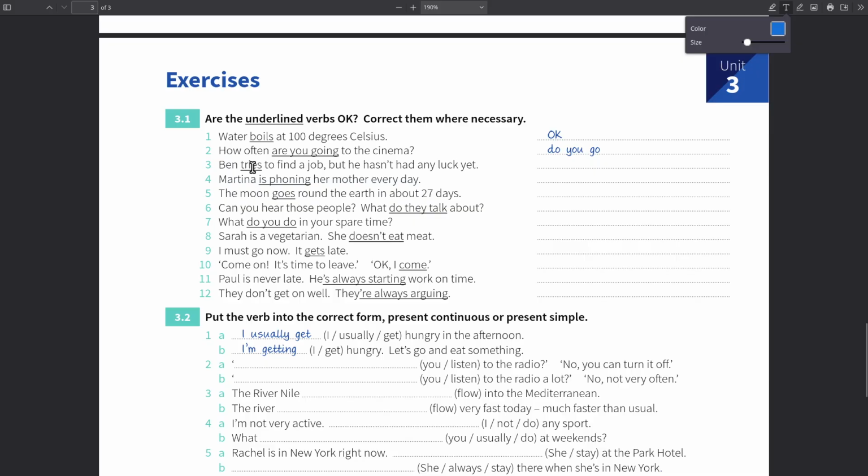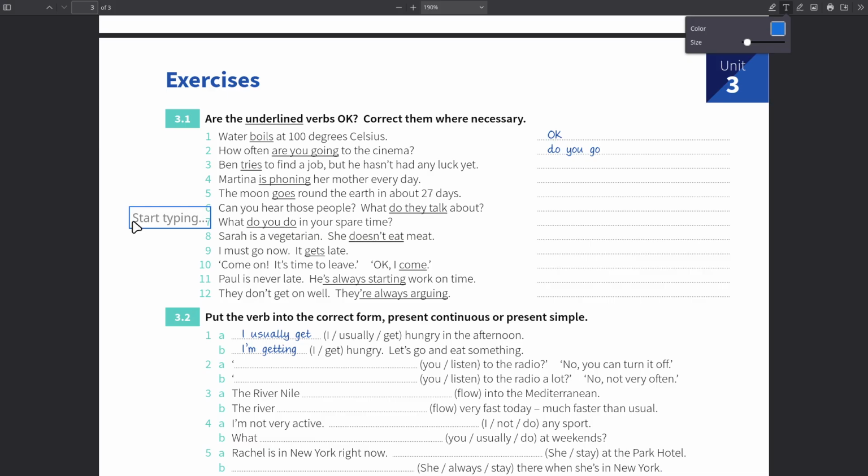Okay, Ben tries to find a job, but he hasn't had any luck yet. So let's try to analyze this sentence. Look at this part of the sentence: he hasn't had any luck yet. Okay, this is present perfect.